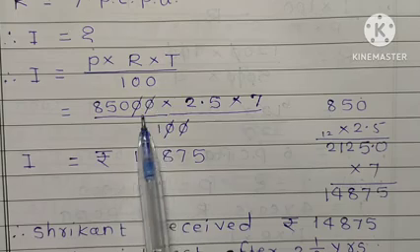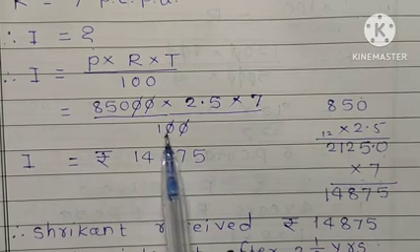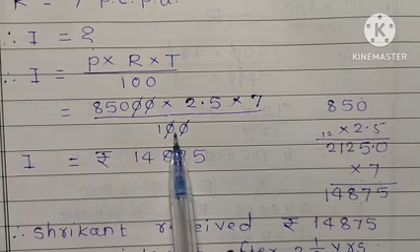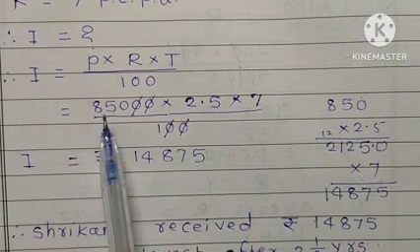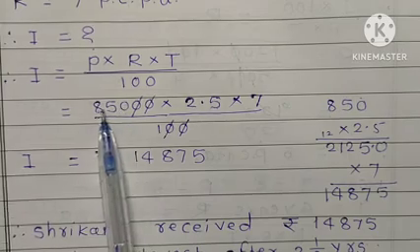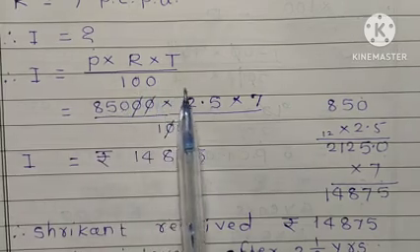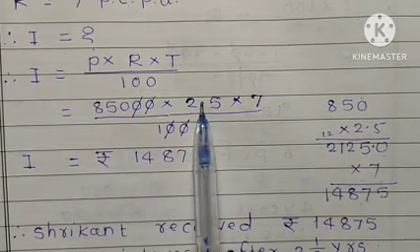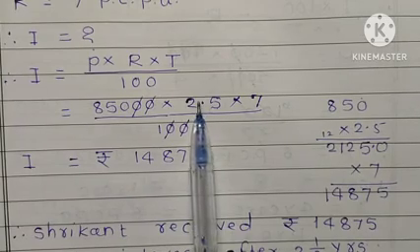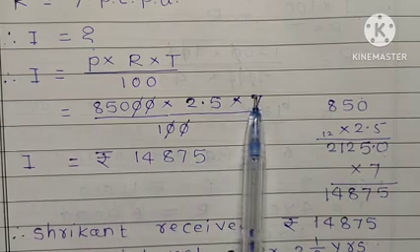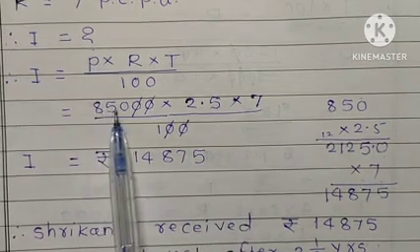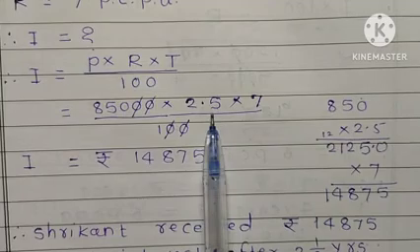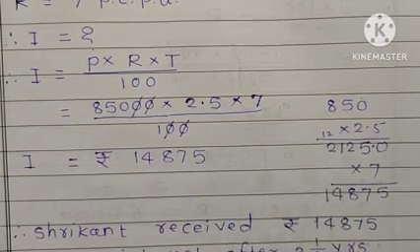Cancelling these 2 zeros from numerator and 2 zeros from denominator. Now 850 into 2.5, and then that product into 7. So first of all, 850 into 2.5. This is the product.